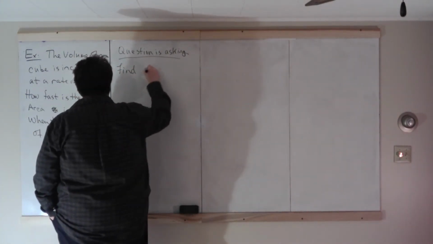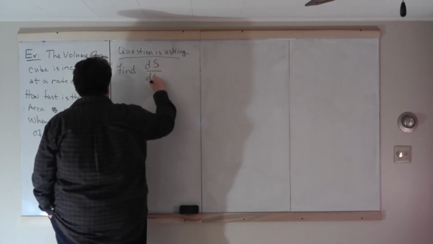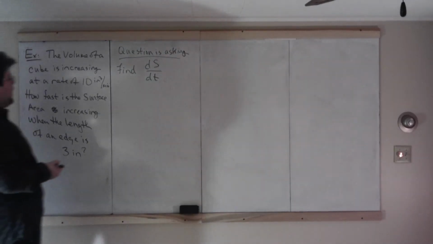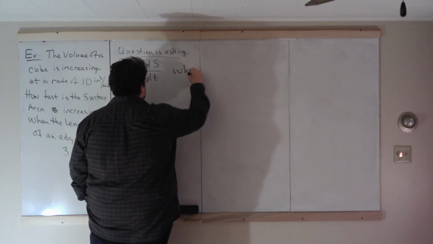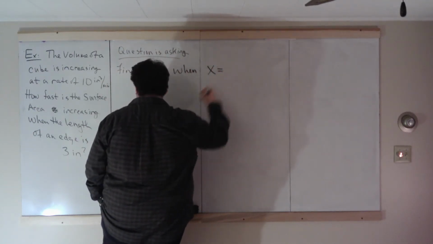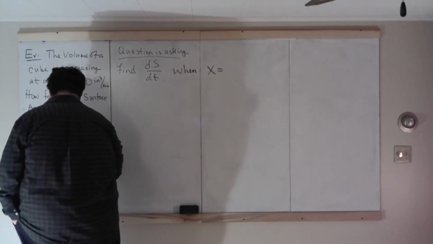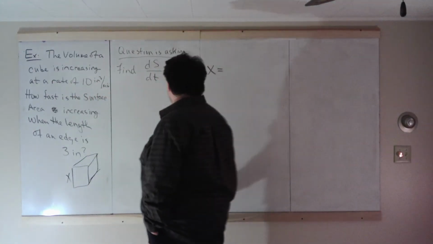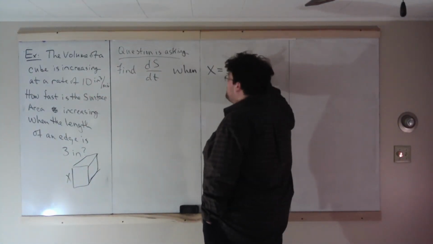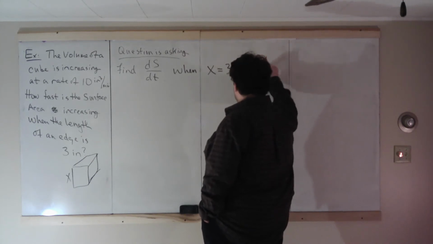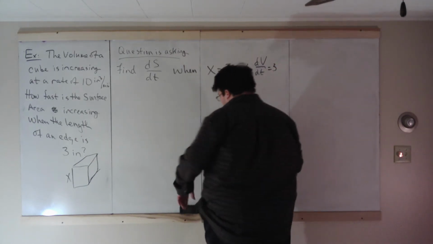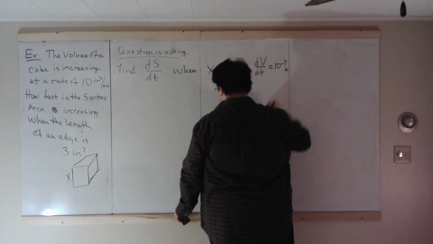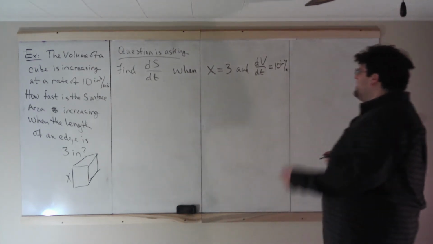Find, I'll call surface area capital S. Those of you who take Calc 3 will also use capital S. How fast is the surface area increasing when the length of an edge, which I'm going to call x, equals 3 and dV/dt, the volume is changing, is 10 inches cubed per minute. Okay, find dS/dt.